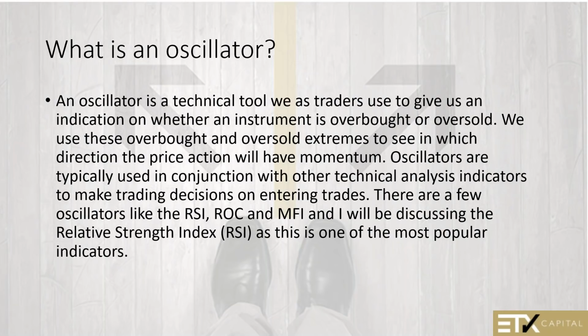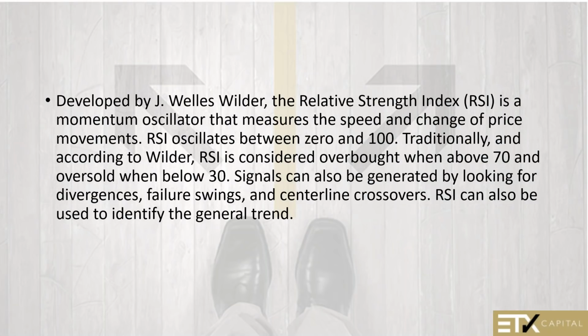We use these overbought and oversold extremes to see in which direction the price action will have momentum. Oscillators are typically used in conjunction with other technical analysis indicators to make decisions on entering trades. There are a few oscillators like RSI, ROC, MFI, and tonight we're going to be discussing the most popular, and that is RSI, Relative Strength Index.